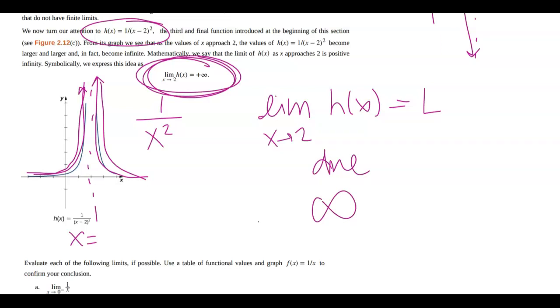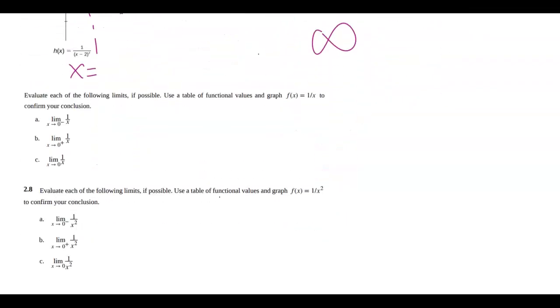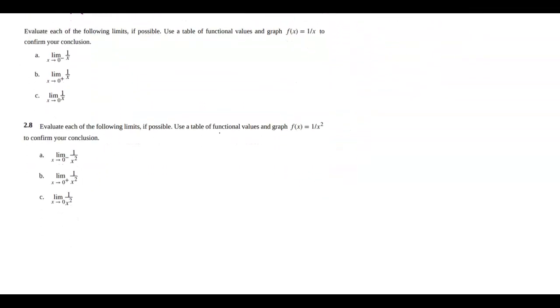Let's look at two other parent functions. And we can look at a table of values to think of why this is going to be true. So if I'm looking at 1 over x, and I want to look as x goes to 0, let's do some x and then some f values.